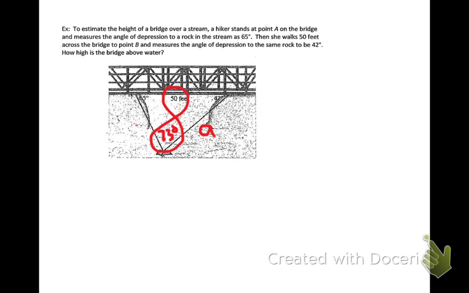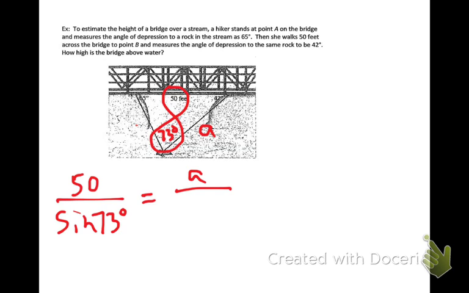So to set it up, we'd have 50 over the sine of 73 degrees is equal to A over the sine of 65 degrees.